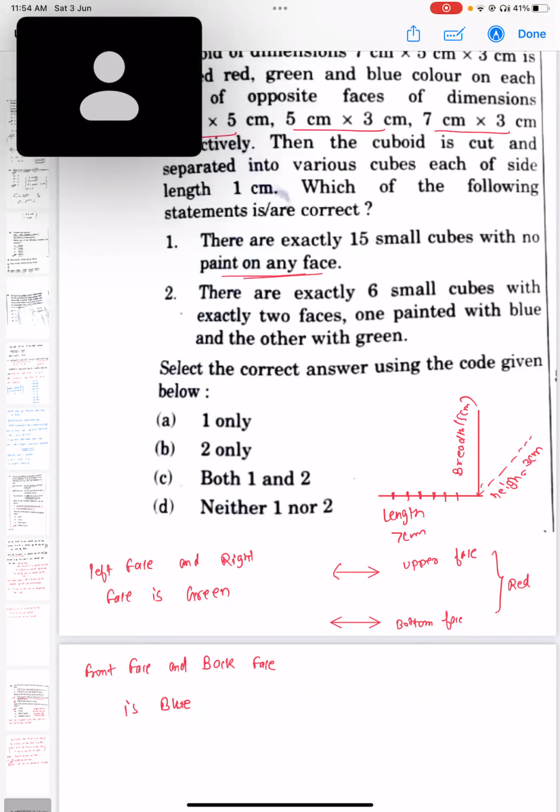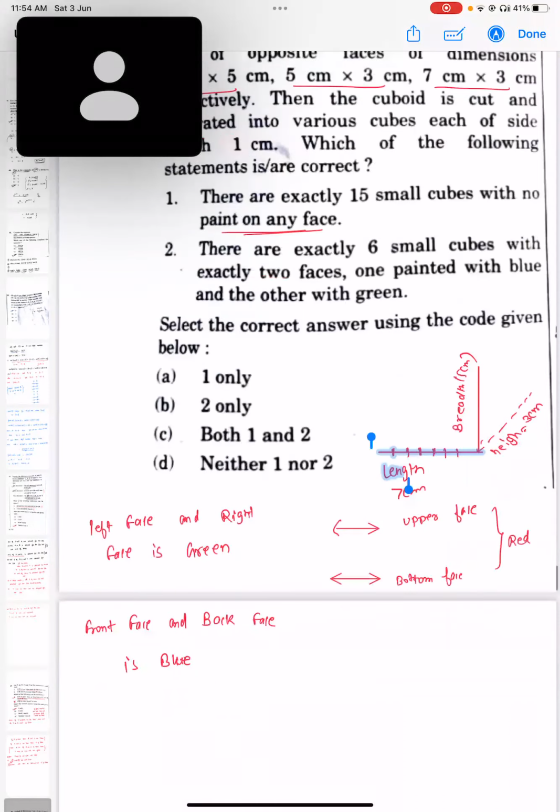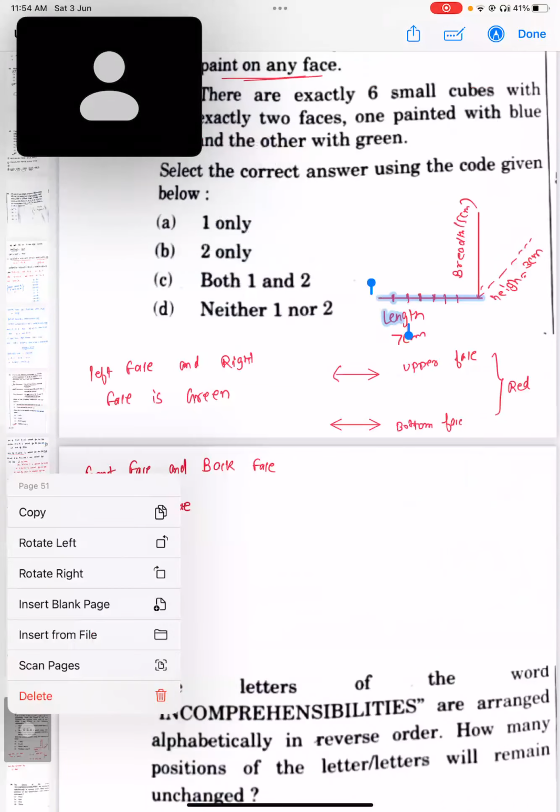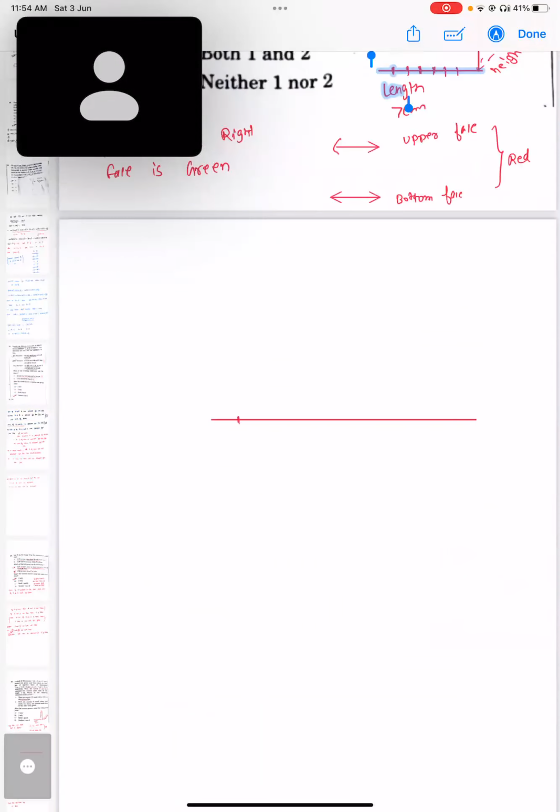So let us go into the inner cube. We were having 7 here: 1, 2, 3, 4, 5, 6, 7.